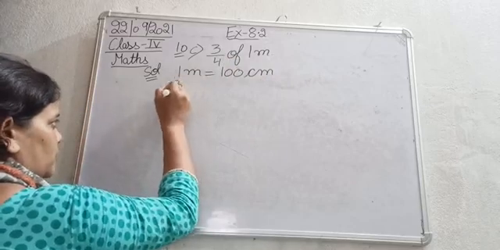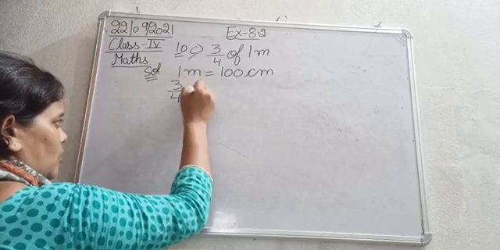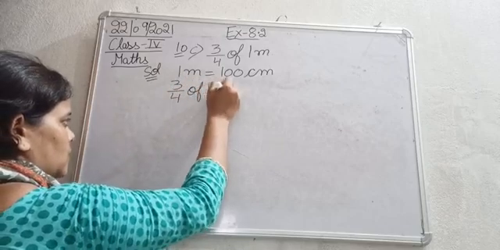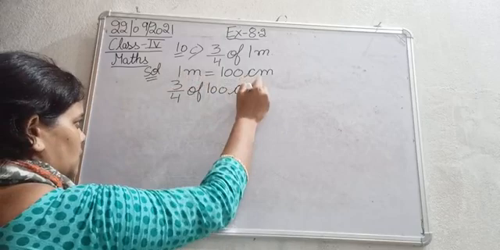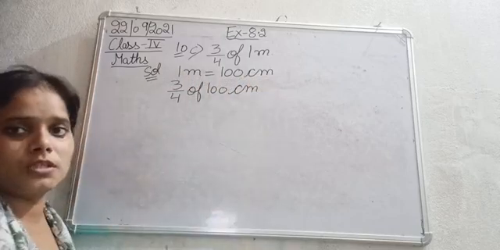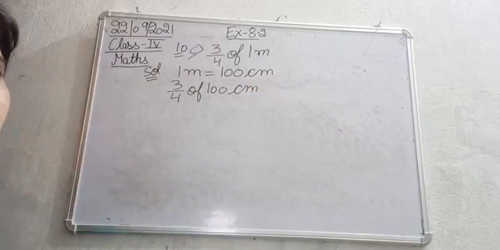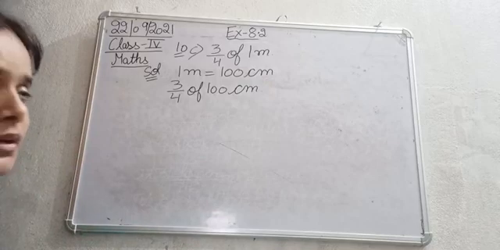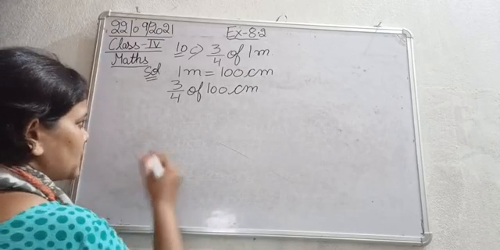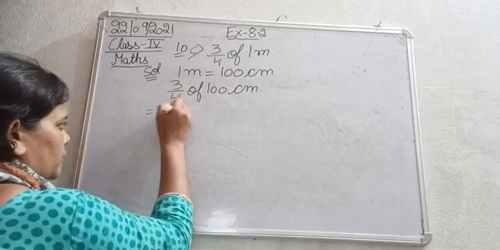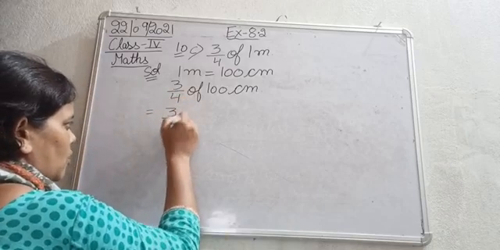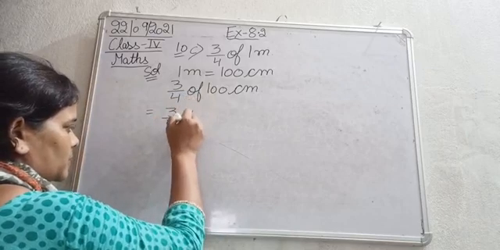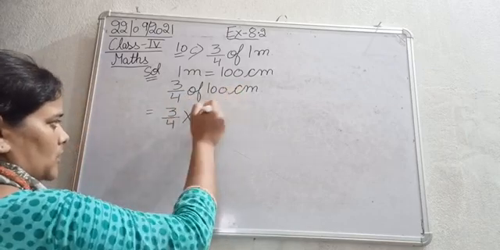Let's find out 3/4 of 100 centimeters. Same as we have done previously. 3/4 of will change into the sign of multiplication, and this is 100.